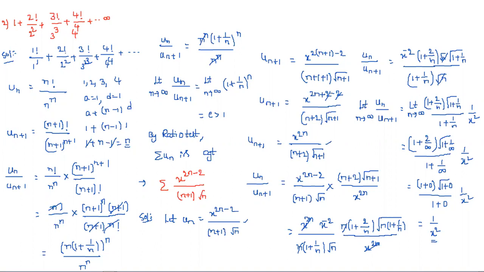So for that, three cases may arise. First one, by the ratio test, summation un is convergent if 1 by x square is greater than 1. Okay, why? Because we don't know the value of x there.